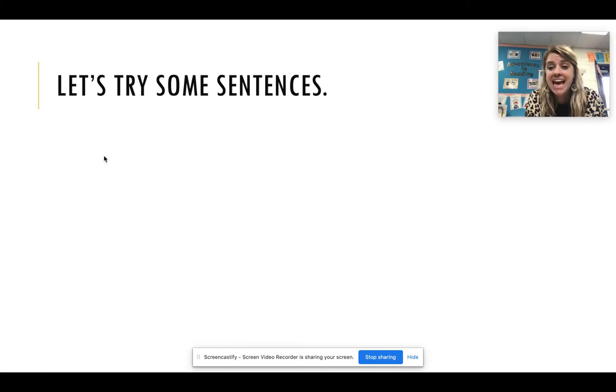Left a note. Remember, use your pound and finger tap strategy if you need to, especially for that word left. You're going to want to hear all those sounds, left.